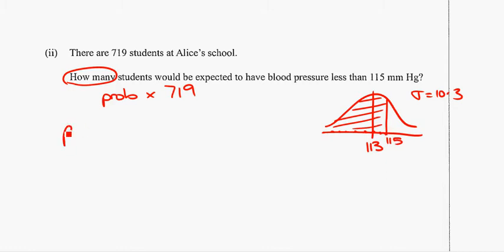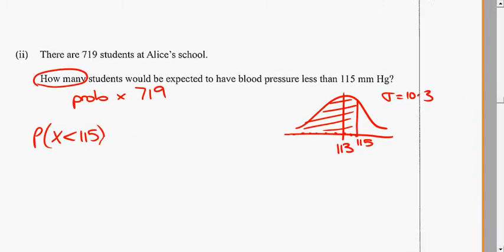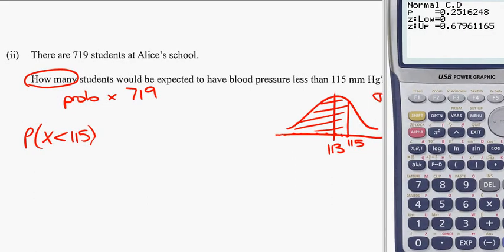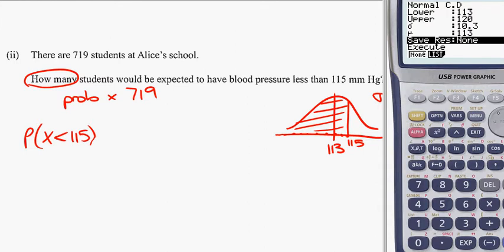So looking up on our calculator, we need the probability of a value being less than 115. So we're going to need a lower bound of something really small, and we usually choose negative infinity. Negative something like that, and the upper bound is 115.